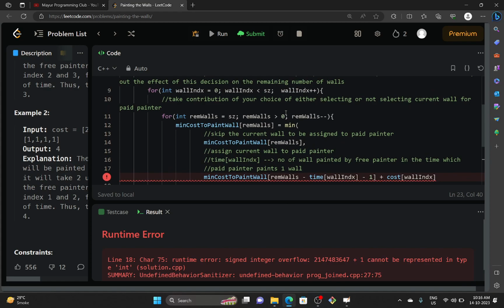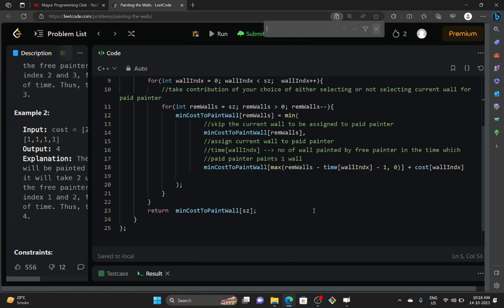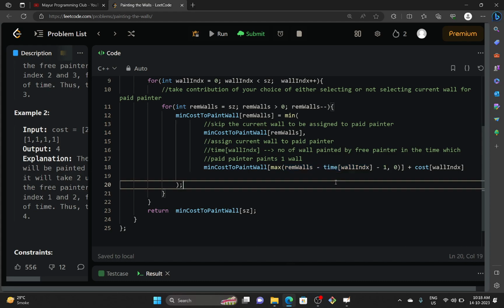Let's try to resolve this bug. So I have done 2 changes here. This value can also be negative in case this number approaches a negative number, so I have taken max of 0 and this number.